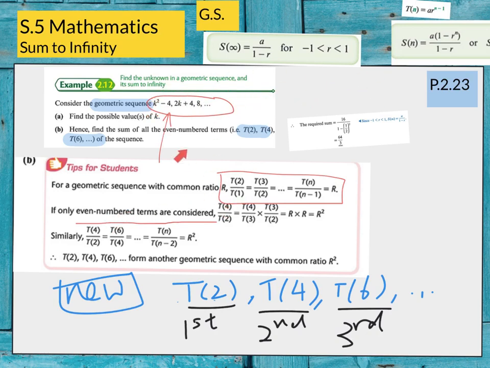If we take alternate terms to make a new sequence, the common ratio becomes R squared, because every time we multiply R and R. So we can use this information to do the substitution.